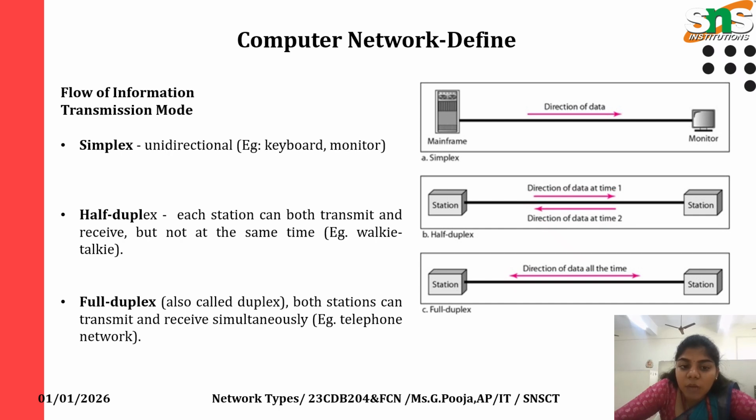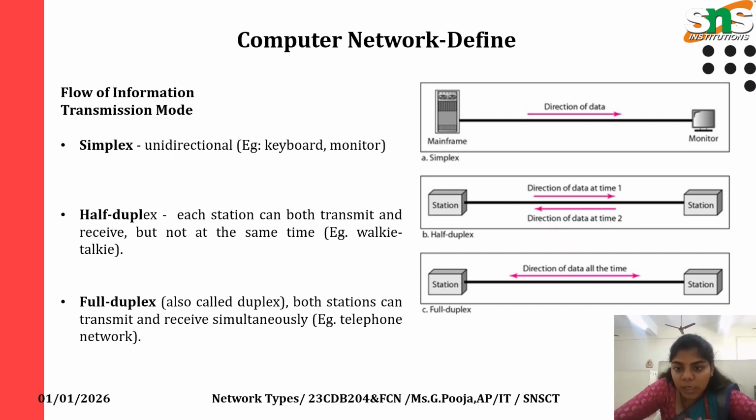When it comes to half duplex, each station is capable of sending and receiving data, which is different from simplex. But here either one station must send and the other should receive. For example, say station 1 is sending and station 2 is receiving. Since a single station is able to send and receive, when station 1 is sending, station 2 should act only as a receiver and should not send data.